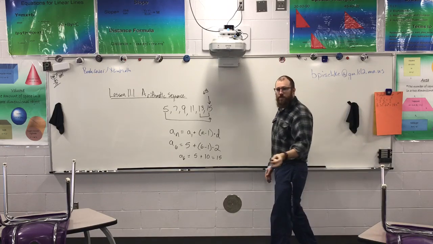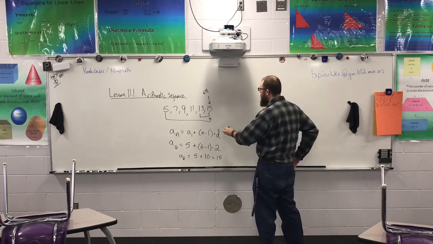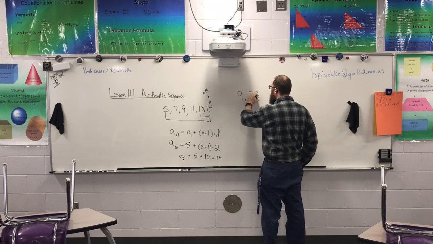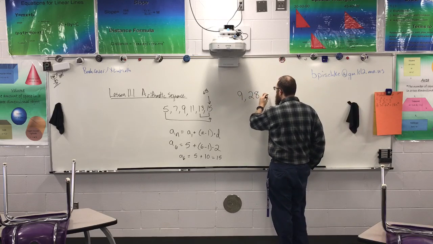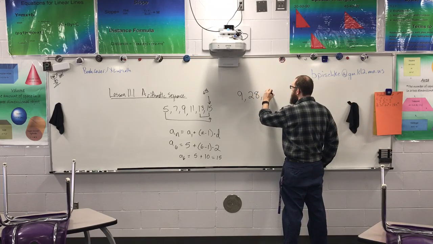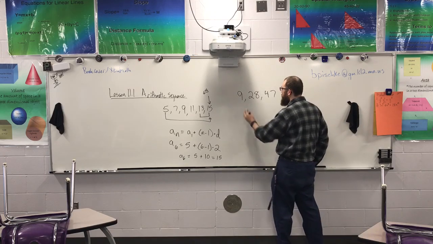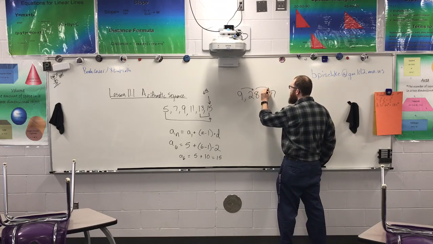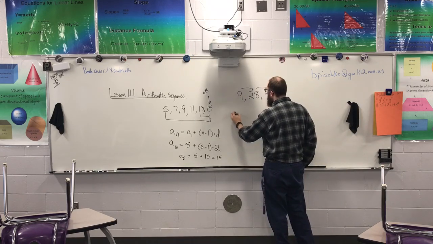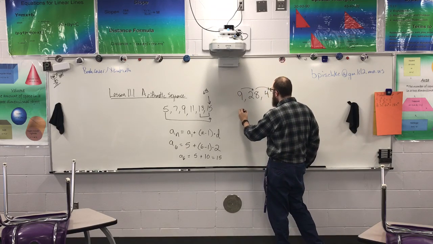So let's say that the book gives us the sequence 9, 28, 47. So now we need our jump here, and we have our starting point. Then we need a goal.